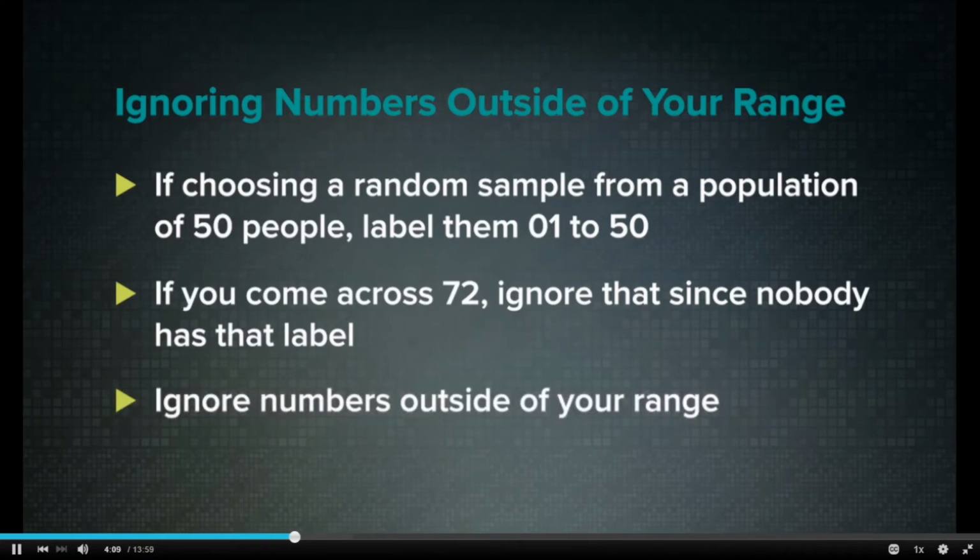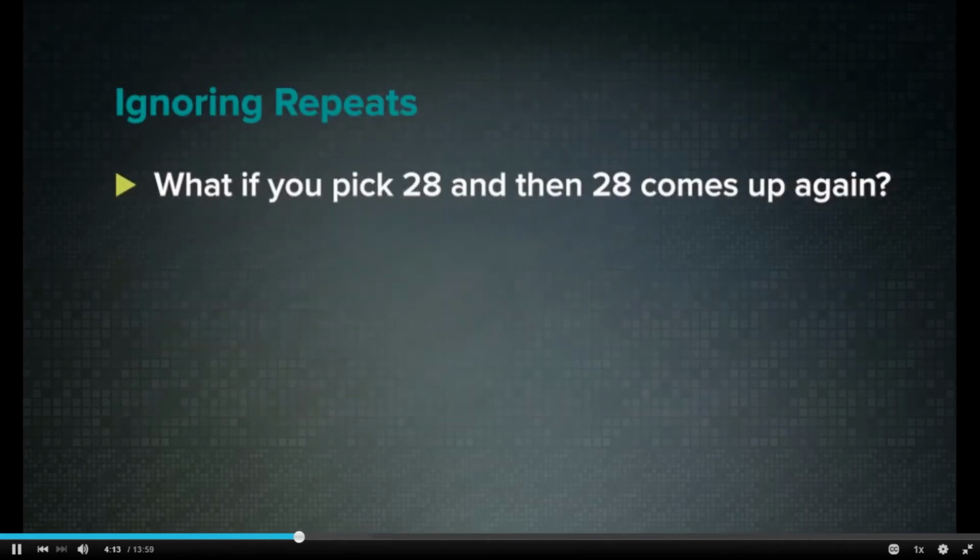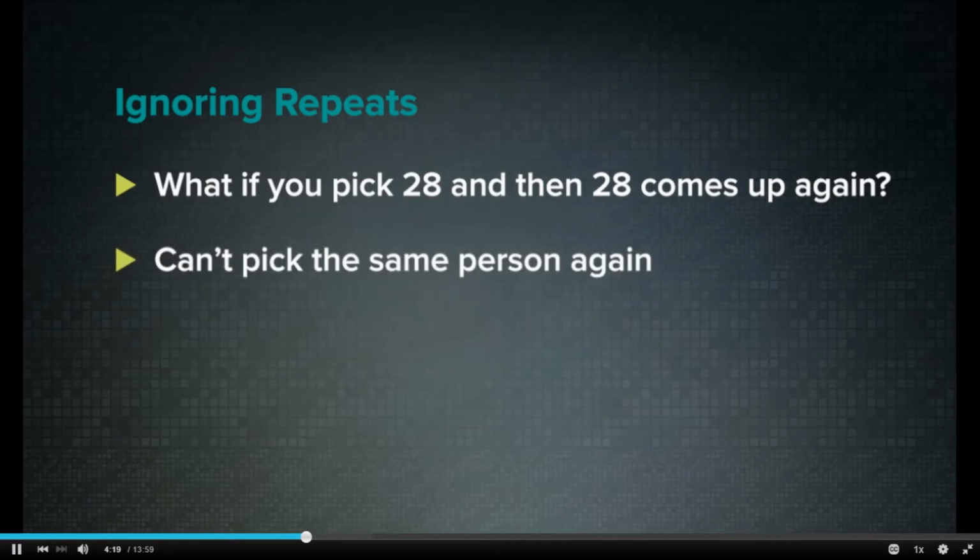I'm ignoring numbers out of my range. What if I pick the number 28, and then later down the road, 28 comes up again? I can't pick that person again for my sample, so I'm going to ignore any repeats. Now, how do I do this on paper? We'll get to that in a bit.